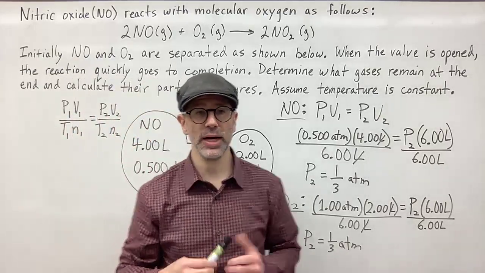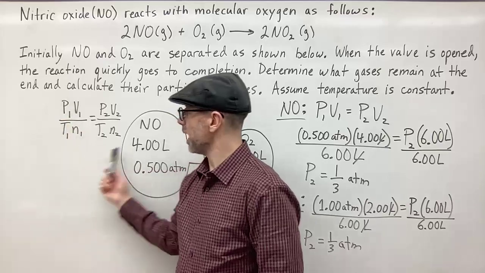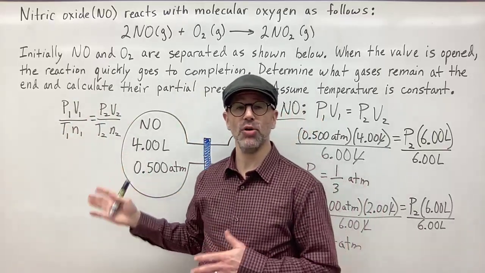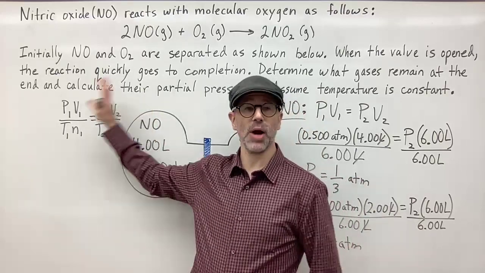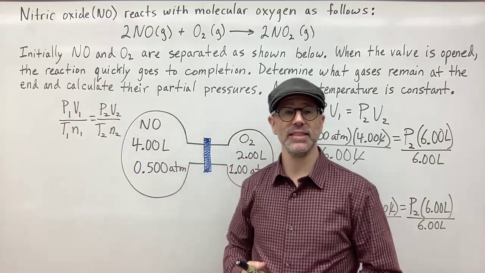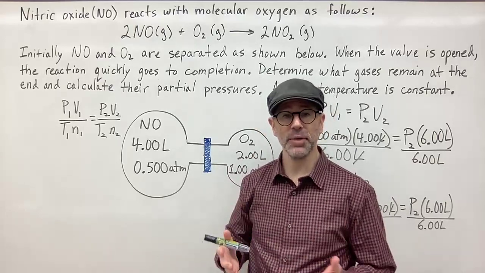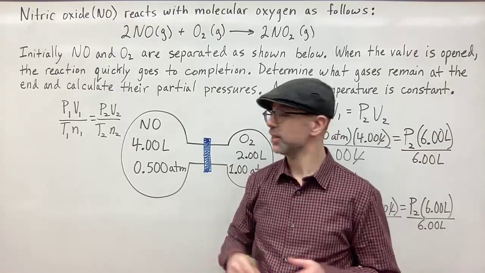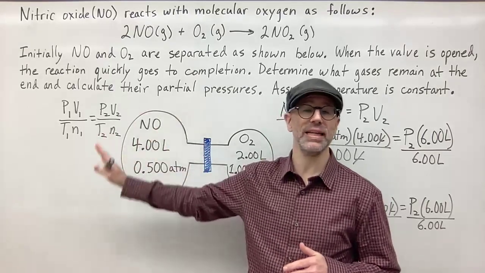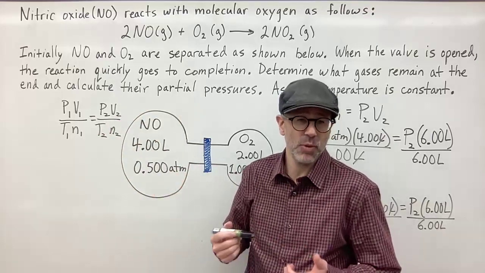The thing we want to keep in mind is that this combined gas law equation is really the only equation we need to know, because all of the gas law equations are part of this one. So now we can see what equation we are left with if we eliminate whatever is constant. Whatever is constant is not going to be in the equation, because it's going to cancel out anyway if we put it in.